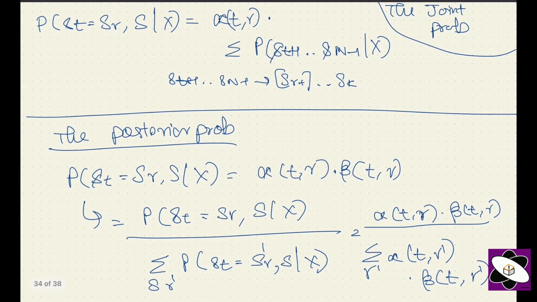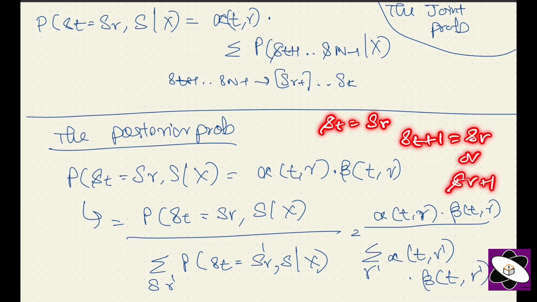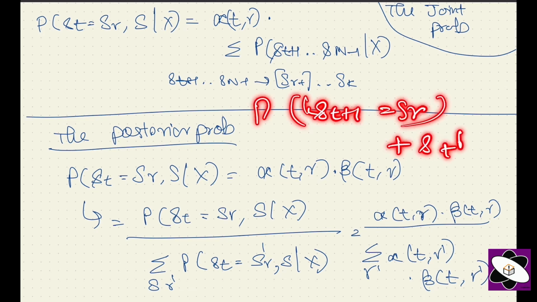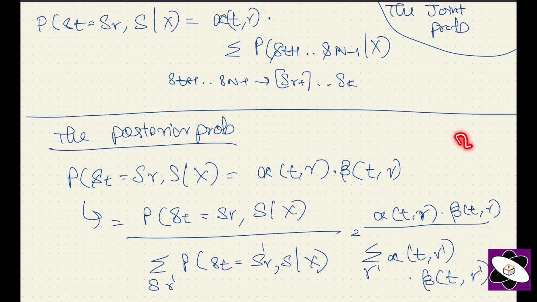So like alpha we did, assuming that s_t is equal to s_r, then s_{t+1} can be s_r or s_{r+1}, right? Then for s_{t+1} equal to s_r we will find one probability, plus we will find one probability where s_{t+1} is equal to s_{r+1}.